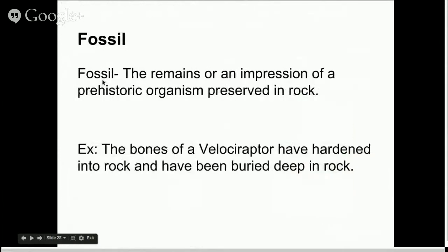So a fossil is the remains or an impression of a prehistoric organism that has been preserved in rock. Okay, so the bones of a velociraptor have hardened into rock and have been buried deep in rock. All right.